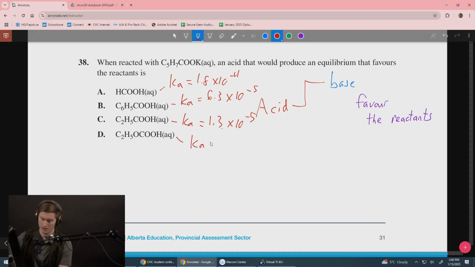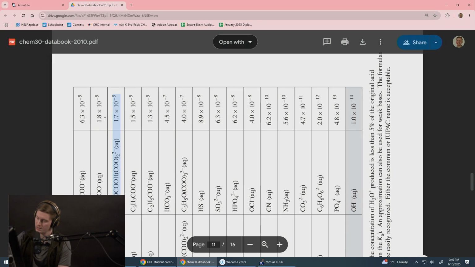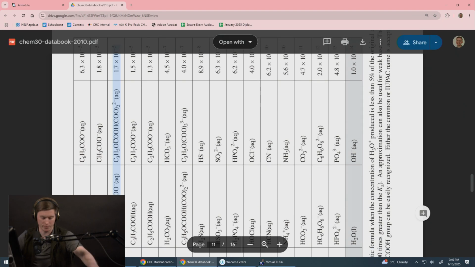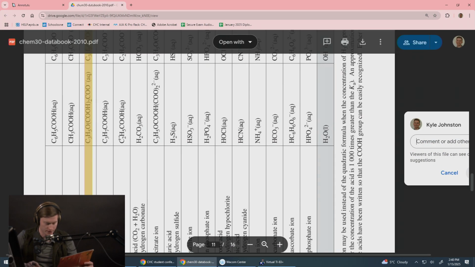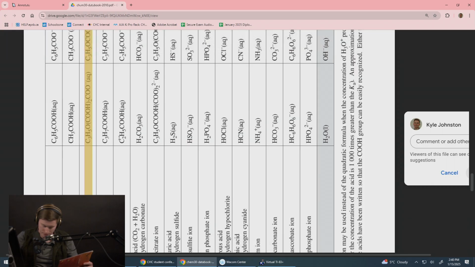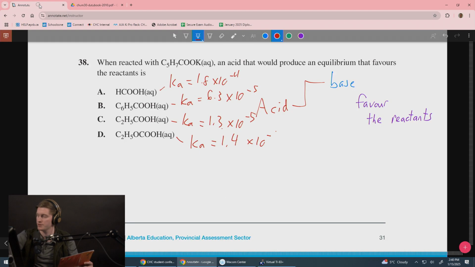And our Ka here is going to be 1.4 times 10 to the negative... let me pull up my data booklet here. You'll just have this great lull in the video as I find where this one is. That is lactic acid. That's 1.4 times 10 to the negative 4.